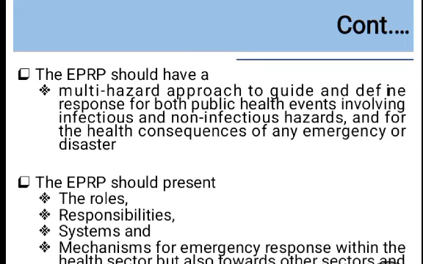emergency or disaster. The EPRP should present the roles, responsibilities, systems, and mechanisms for emergency response within the health sector, but also towards other sectors and competent authorities.